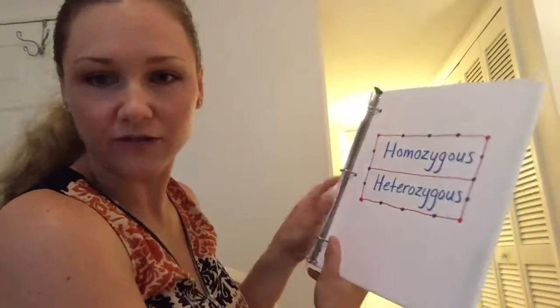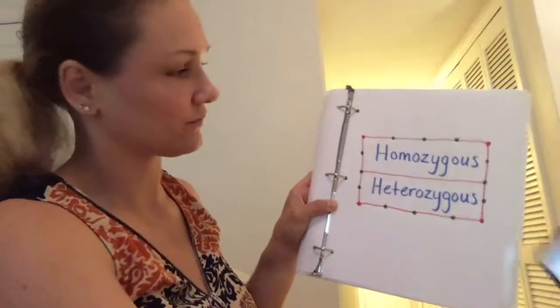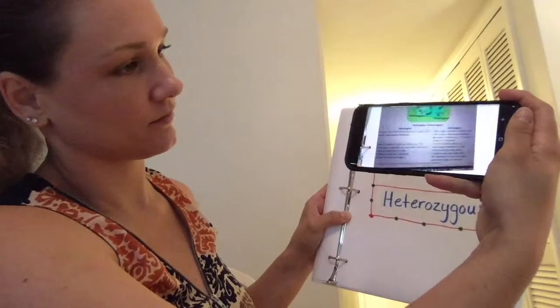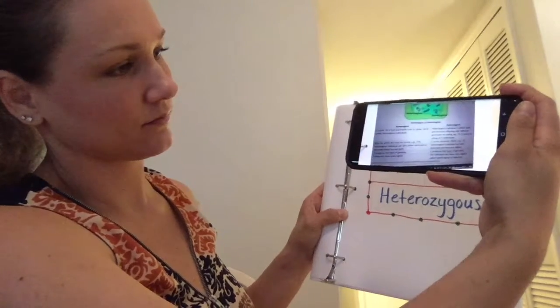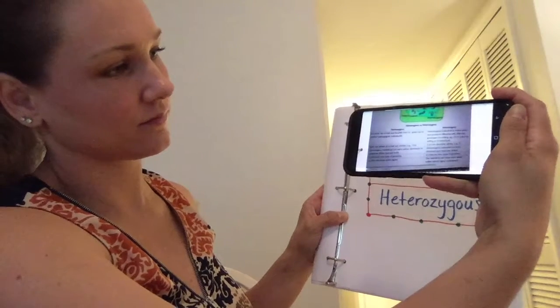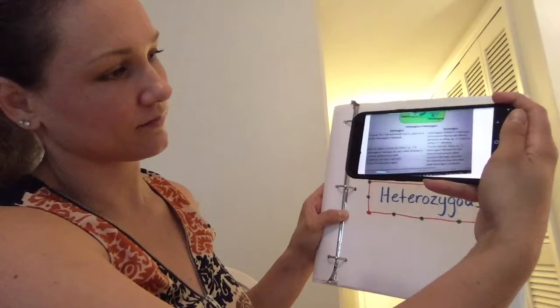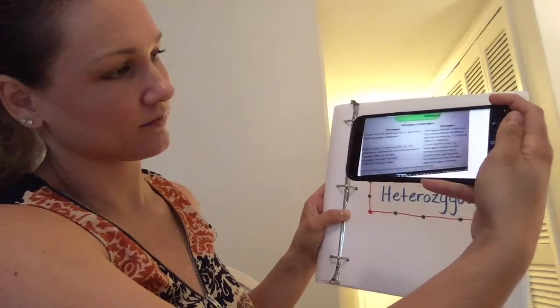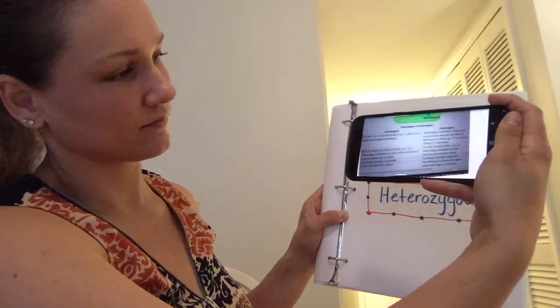Okay, now I've got two definitions on one page. I've got homozygous and heterozygous. Rather than defining homozygous and heterozygous, I thought it might be beneficial to share this chart from www.majordifferences.com, which shows the difference between homozygous and heterozygous.